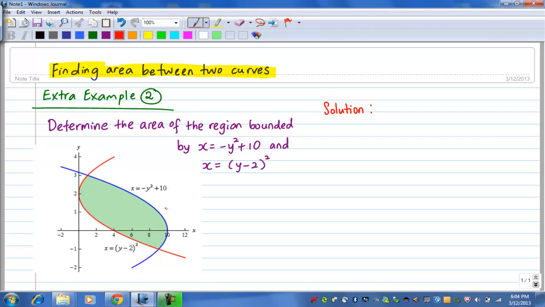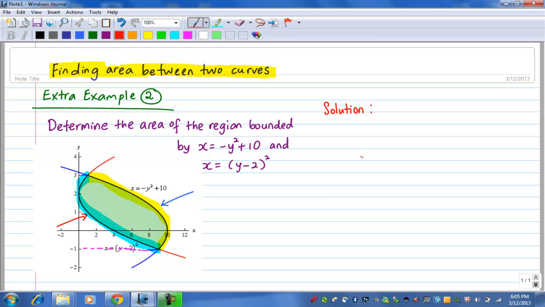So the rightmost curve is quite obvious. This is the rightmost curve, and this is the leftmost. And there's only one region to worry about, which is this whole shaded part, because I just need to identify what is the y value here and what is the y value here. And this is clearly the rightmost curve, and this is clearly the leftmost curve.